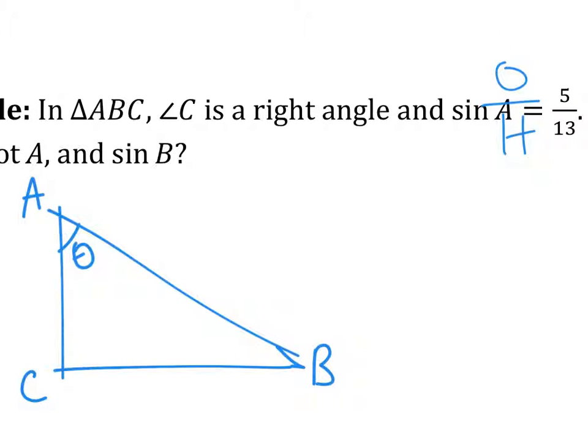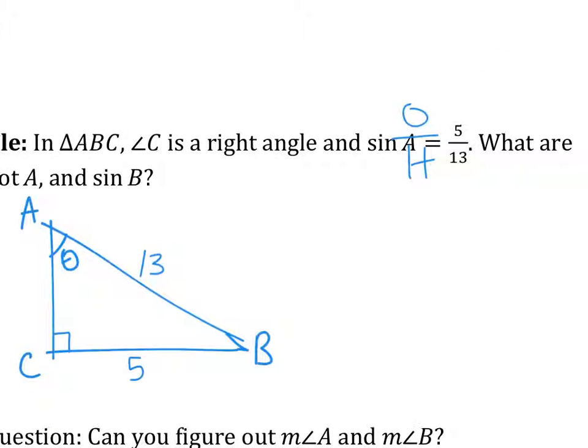Okay, so let's look at this triangle here. Sine A, the angle A is here. Opposite of this is 5. Where would you put 5? Yeah, on the bottom. And then 13 is the hypotenuse, so gotta draw a right angle there. Hypotenuse is 13. There's only one place that can be hypotenuse.